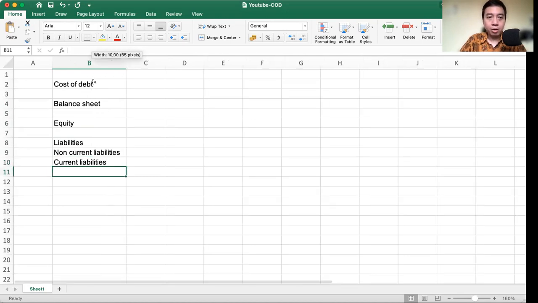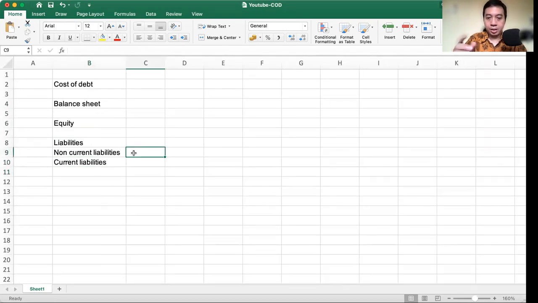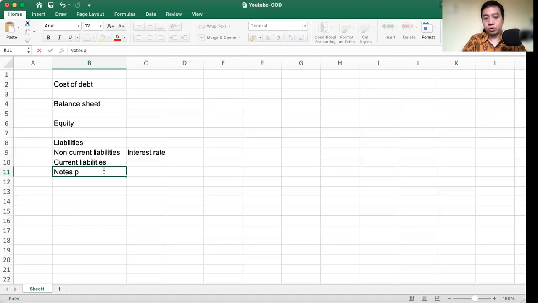So when we talk about current liabilities, there will be some interest rate that we have to bear as an obligation. And the second one, current liability actually consists of two accounts. The first is notes payable, and the second one is account payable, just like this.